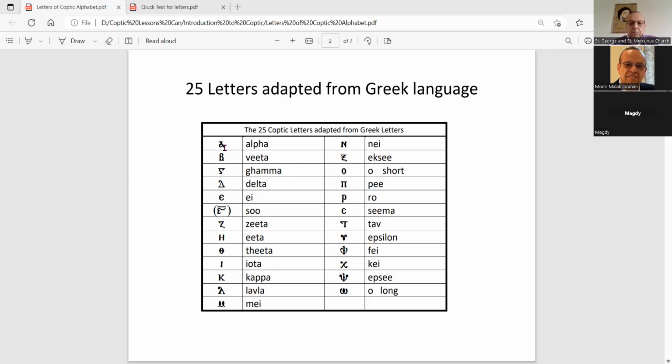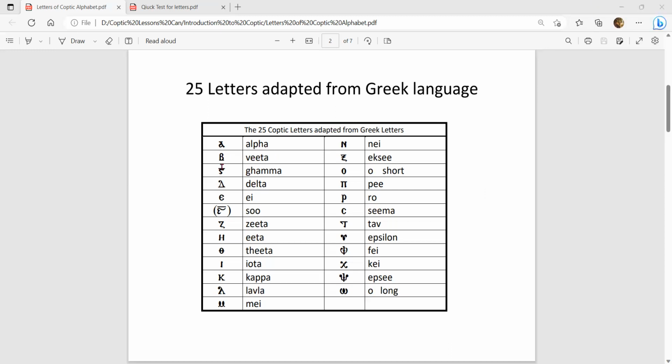So the first letter of the Greek is the alpha, shown the letter, and on the second column is the pronunciation. The second letter is vita. The third letter is gamma. The fourth one is delta.